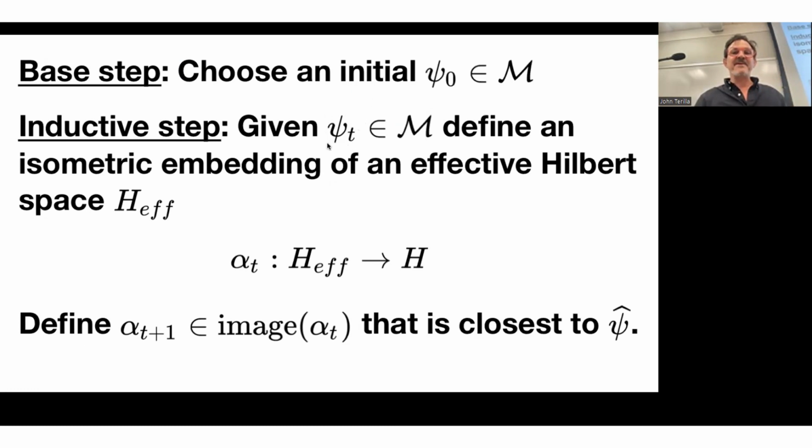But the matrix product state psi sub t at the tth step is going to give me a particular embedding of this small effective Hilbert space in this large Hilbert space. And then I get psi t plus 1, the next matrix product state, to be the element in the image of this smaller dimensional embedded Hilbert space that's closest to my target.